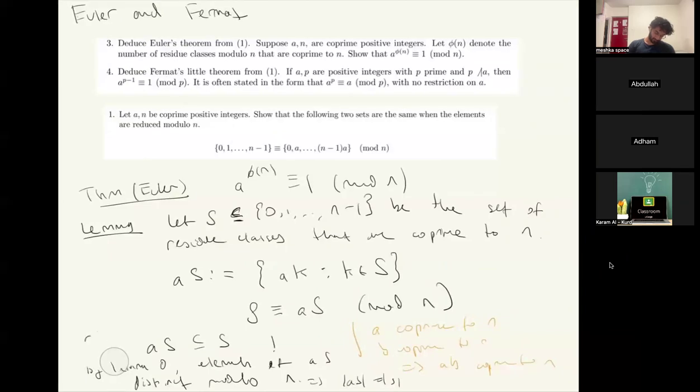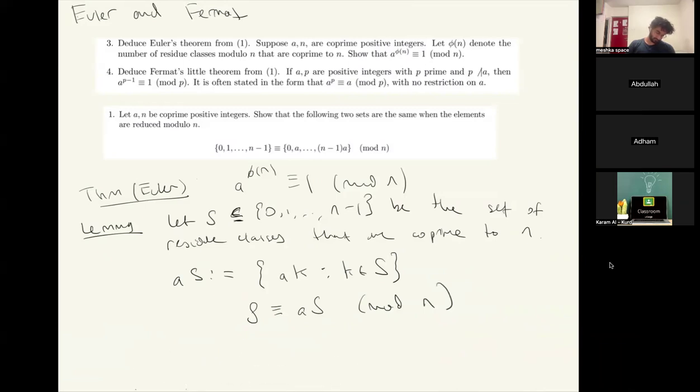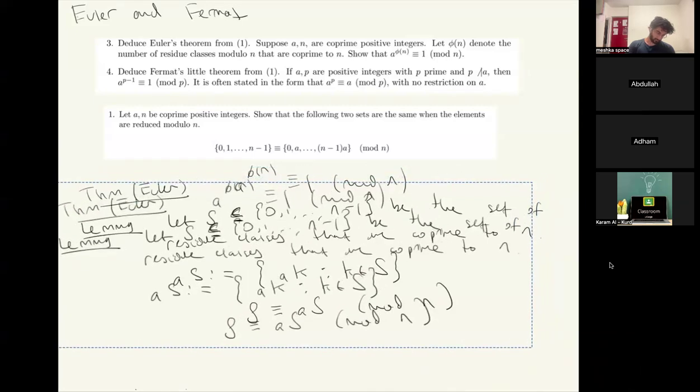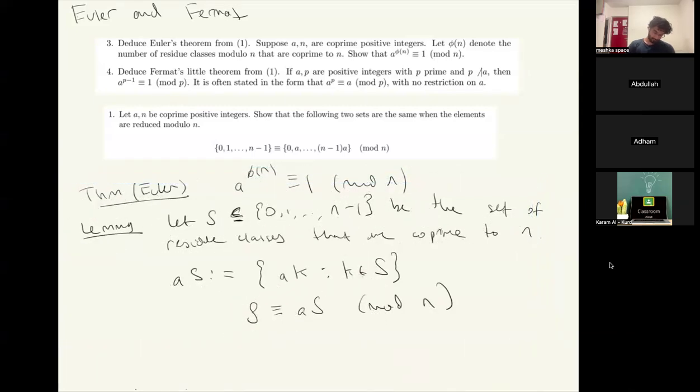Great. So now that we've proved it, I will erase the proof. Right, so the idea is I want to multiply the elements in both sets.